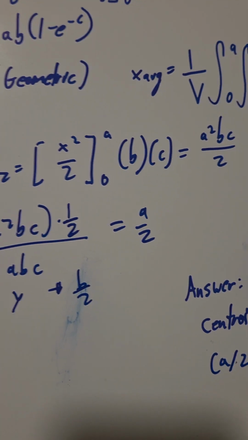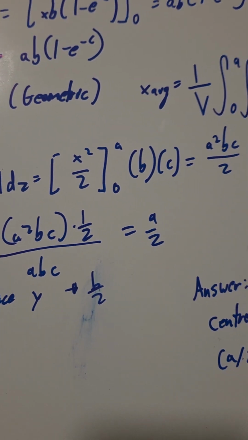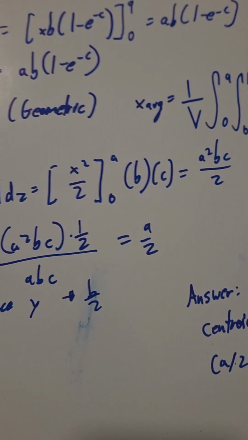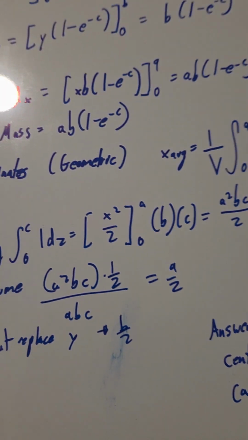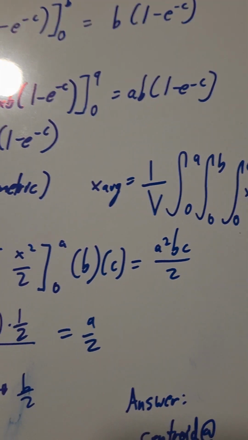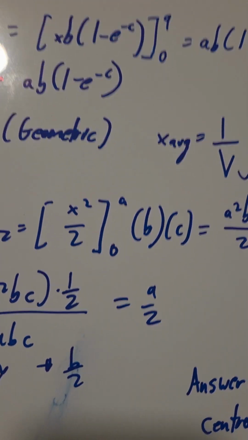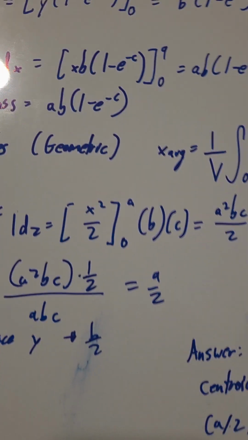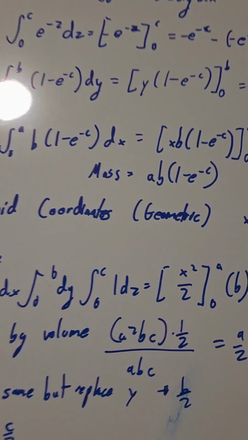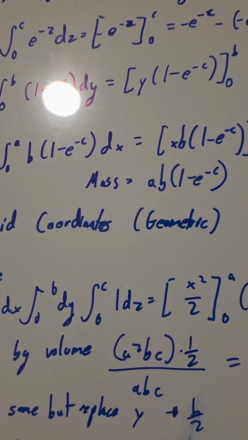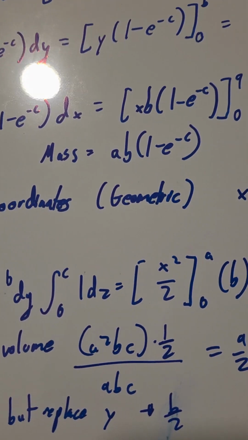We're trying to calculate the center of each and every single dimension. And of course, we know that we're going to wind up with half of A, half of B, half of C. But just to prove that, I'll do it with the first one and then explain why I did it the same as the other ones.